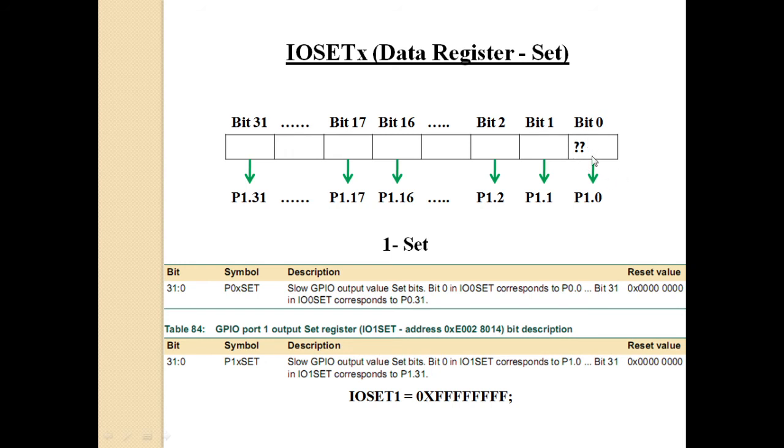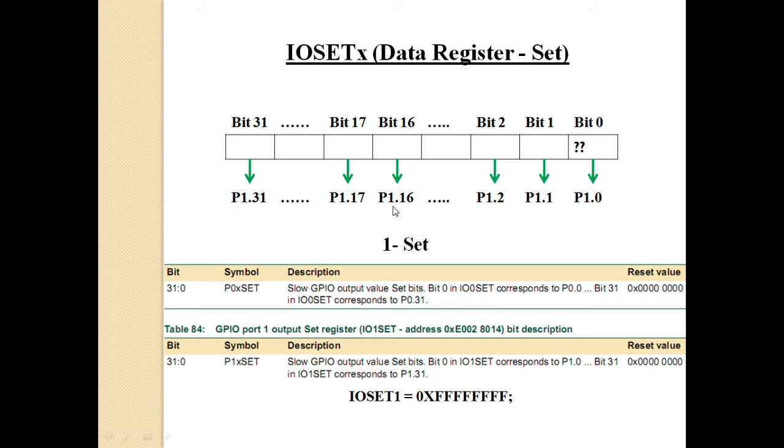So if you are writing a value 1 in bit 0, what does it mean? To the P1.0 pin, you are writing a logic 1. So it will be generating VCC on this pin, right? But in our case, I am connecting LEDs to P1.16 to 31. So if you are writing 1 to all these bits, what will happen?